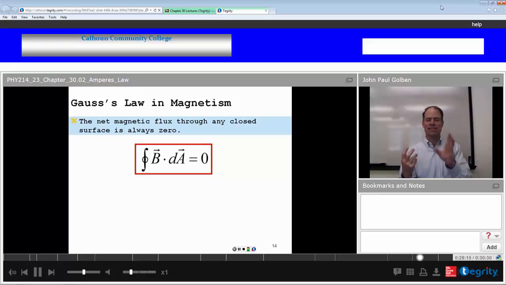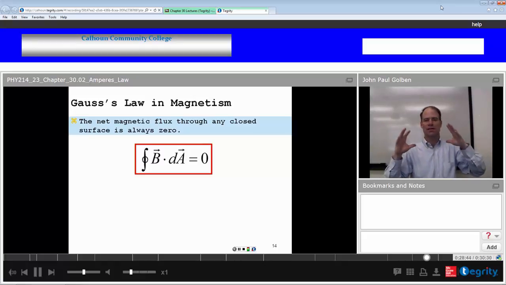You can't isolate a north pole by itself or a south pole by itself, because in reality the magnetic flux lines are closed loops. So anytime you have a north pole, you're going to have a south pole right there going in, because it's a closed magnetic loop. So I can't take a closed three-dimensional surface and enclose something where the flux is only coming out, because for everything coming out of that surface there will be flux lines going in.